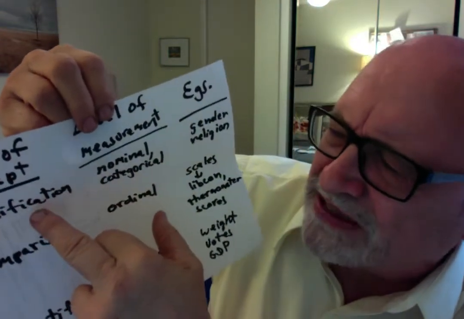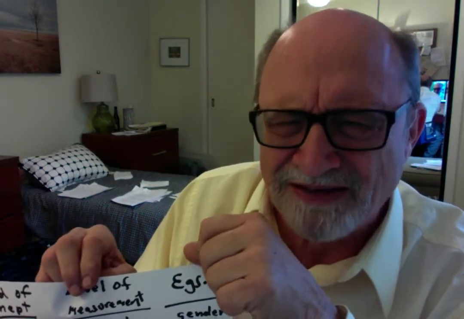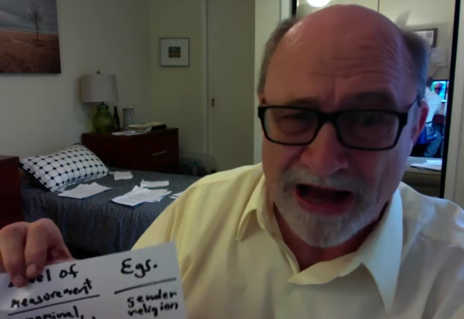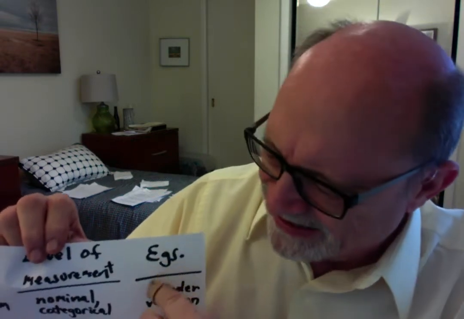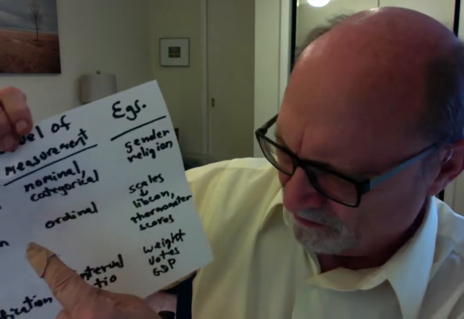So at the classification level of measurement, take something like religion, and you have two people's religion. Well, you put them side by side. What statements can you make when you compare them? Well, you can say they're either the same or not the same on religion. That's about all you can say because there's not much information contained at this nominal level of measurement.